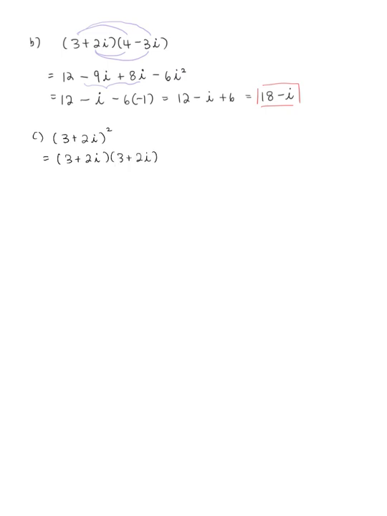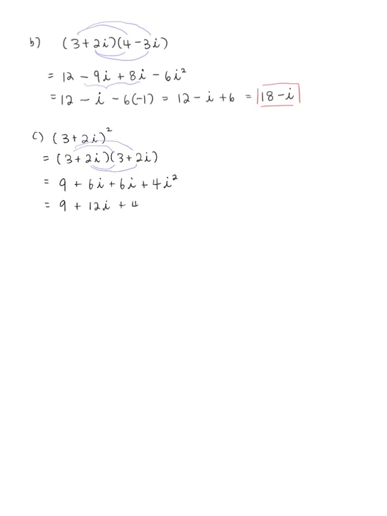Okay, now from here, we're going to be doing the same thing as part B. We're going to be FOILing this. So here what we're going to get is 3 times 3, 9, and then plus 6i, plus another 6i, and then plus 4i squared.